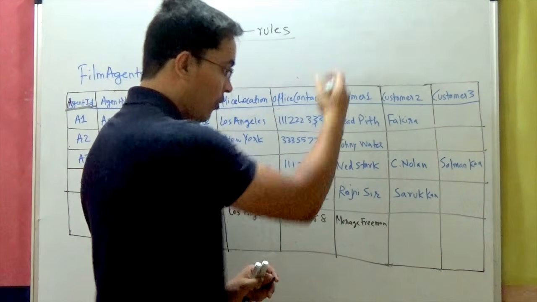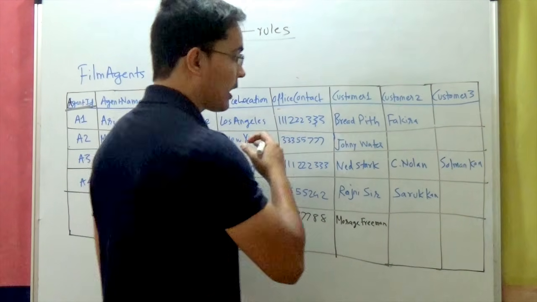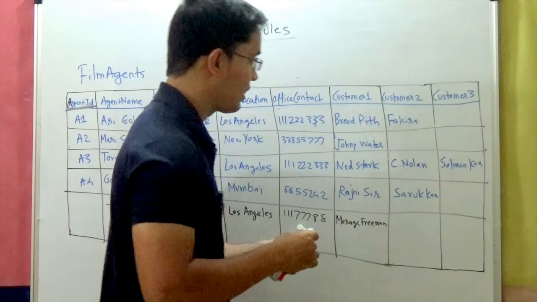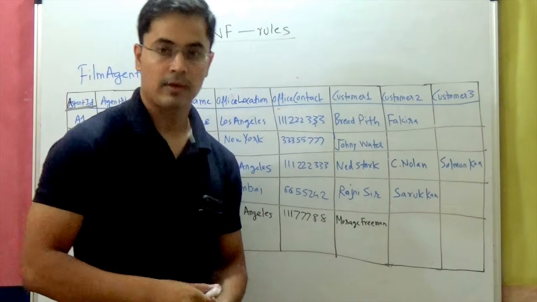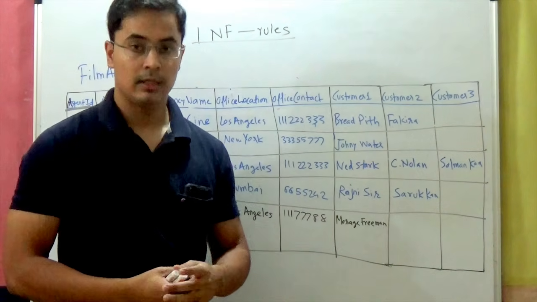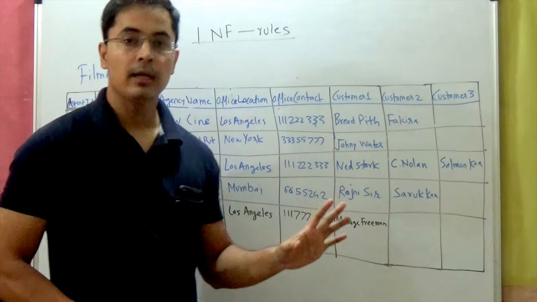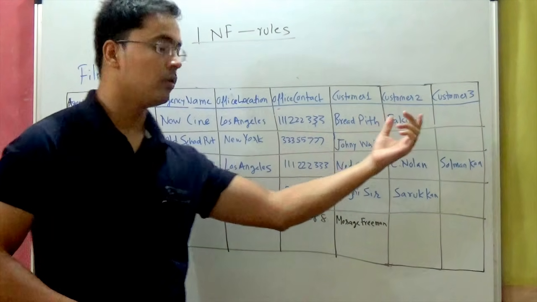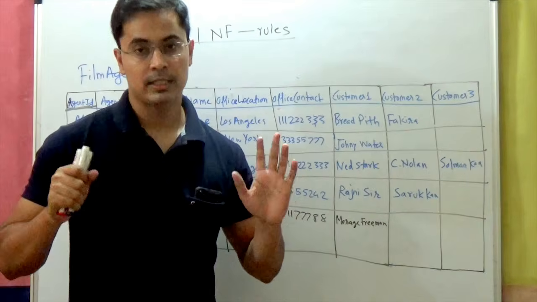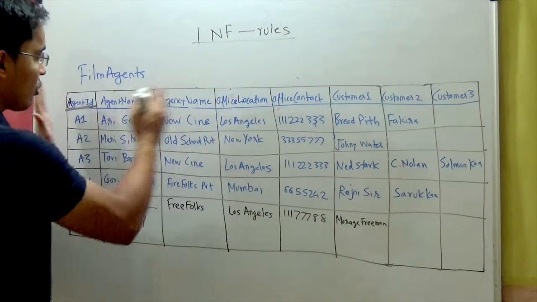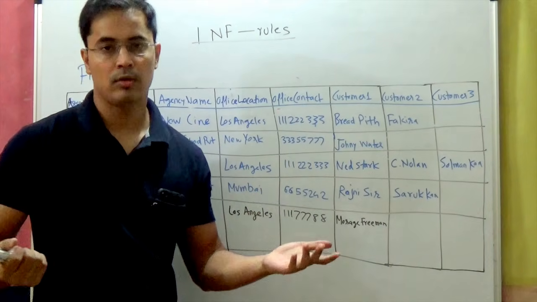And to avoid scenarios like this, there cannot be a group of columns representing similar information. So we cannot have 3 customer columns. We can only have 1 customer column. The second rule of 1st normal form says that there should be a key which uniquely identifies each row in the database table. That key could be 1 column like agent ID or a combination of 2 or more columns.